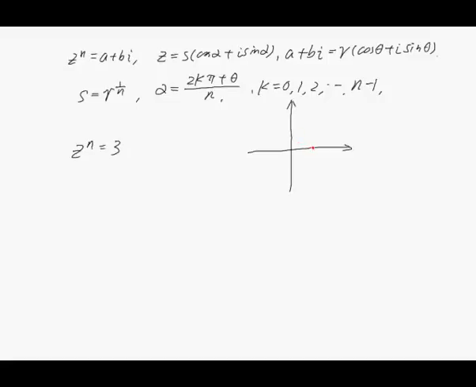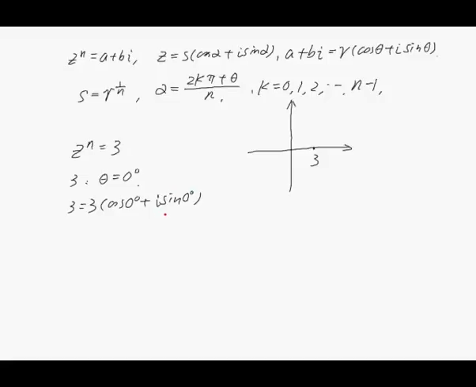You know, 3 is here, right? So you can see its argument. The argument is just 0. So the argument for 3 here is equal to 0. Then the modulus of 3 is just itself. So here 3 is equal to 3 times cosine 0 degrees plus i times sine of 0 degrees.